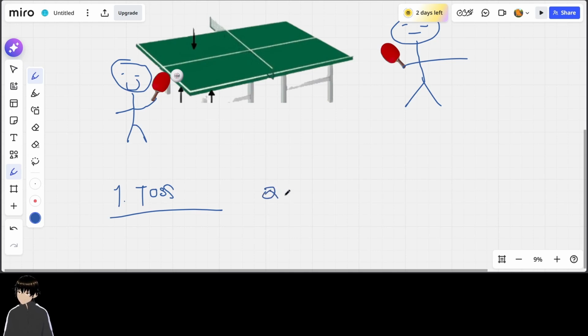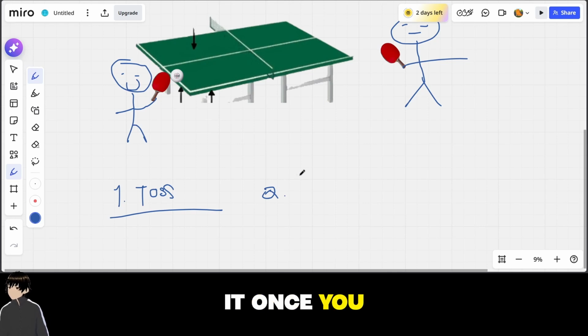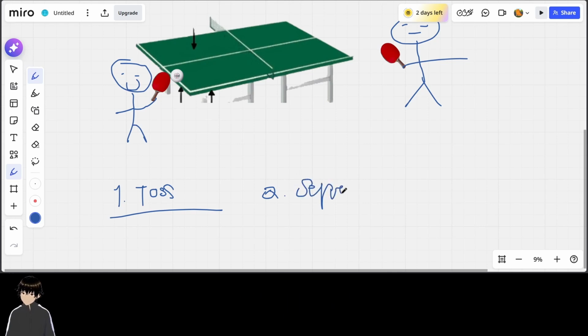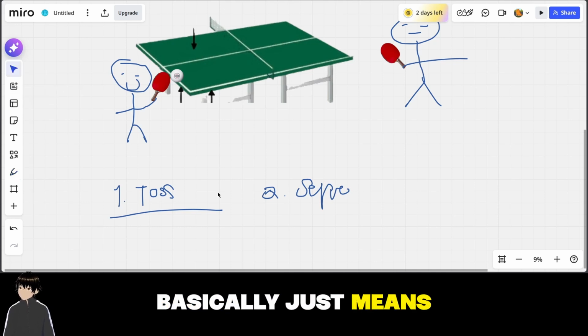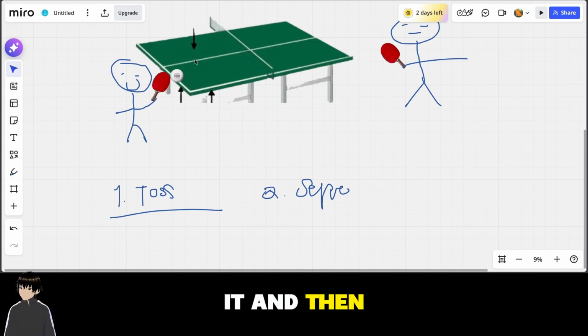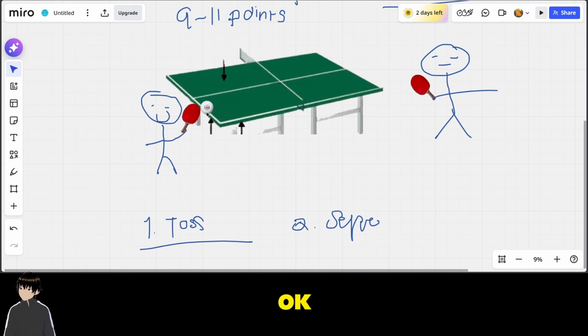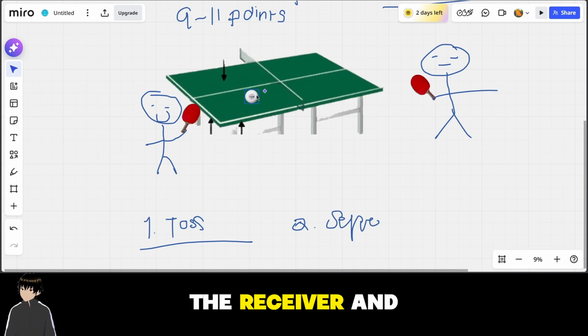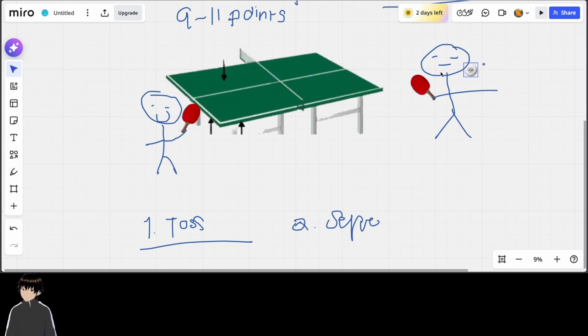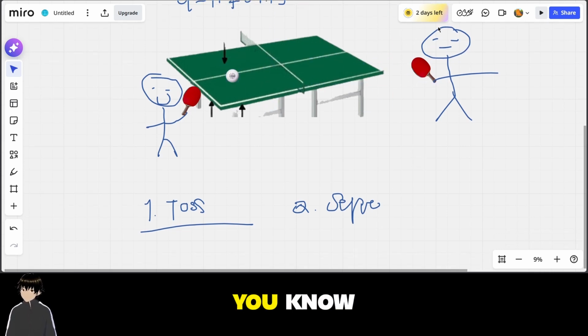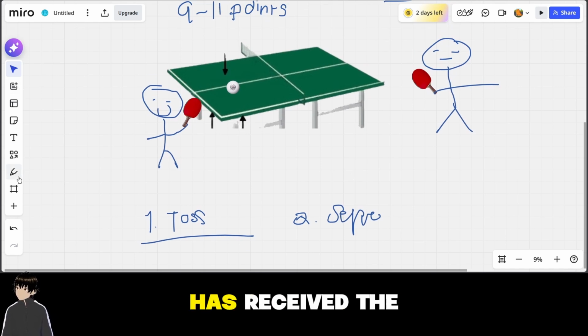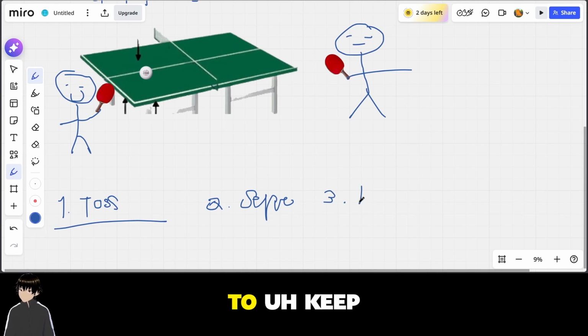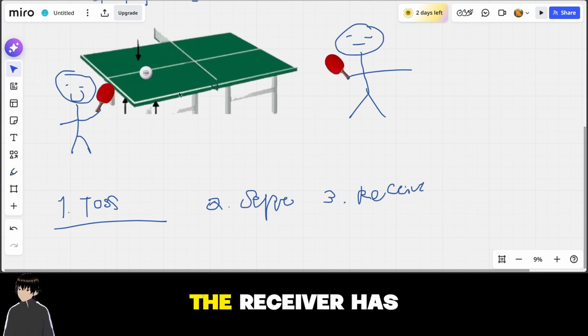Once you toss the ball, you have to serve it, which basically just means hitting it, striking it, and then it should go here, signaling to the receiver. Third is receive. Once the receiver has received the ball, you just have to keep hitting the ball. You have to hit the ball back, and that's what we call receive.